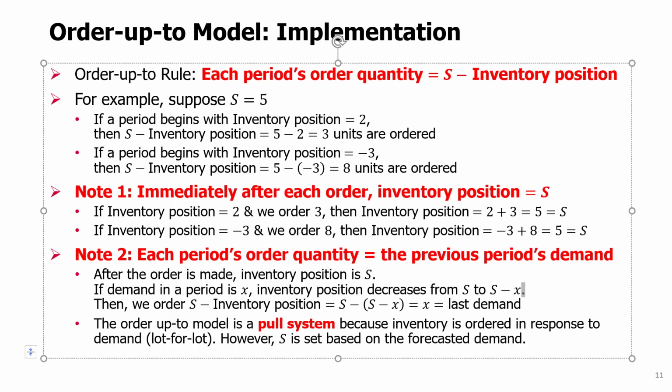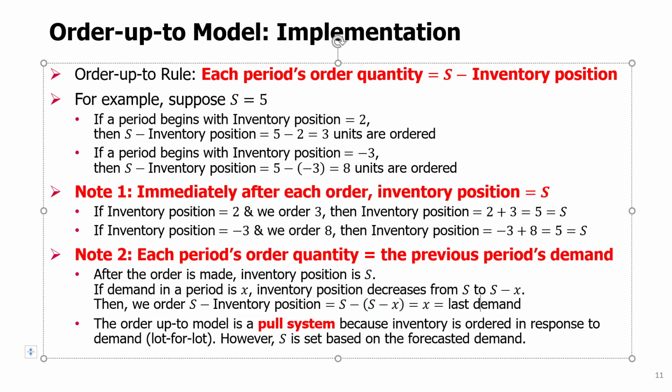In any case, demand is not lost, so the inventory position, one way or another, will be reduced by X. So at the beginning of the next period, when we order S minus inventory position, it will be S minus the inventory position that was decreased from S by X, so S minus (S minus X). S gets removed and all you get is X. So the next order is equal to the last demand.